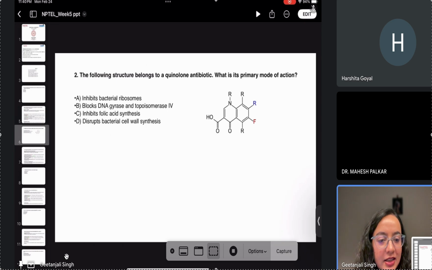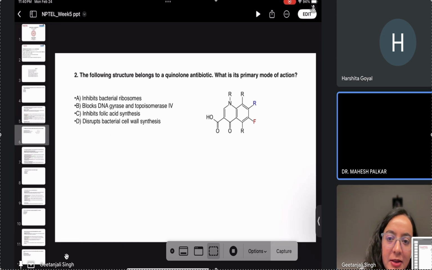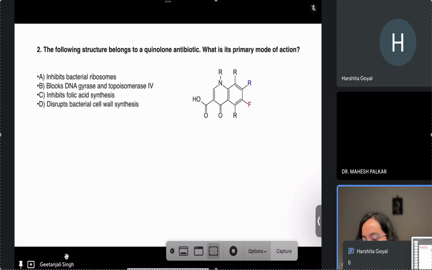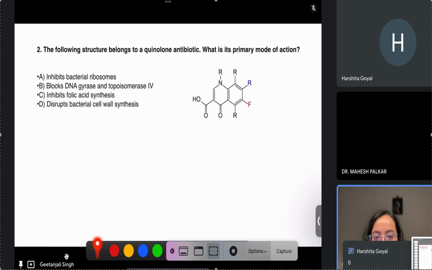So, can anyone tell me what the structure is? Obviously, it belongs to the quinoline family, but what is the structure? You can see there's F here. Yes, you're right.